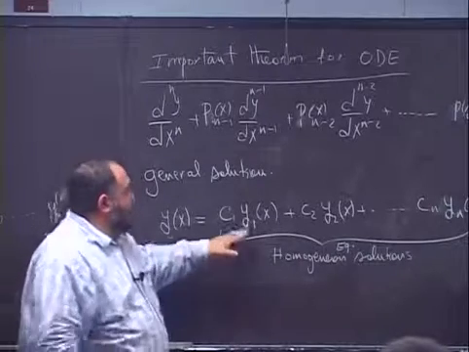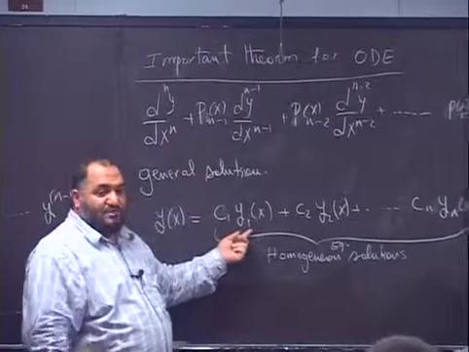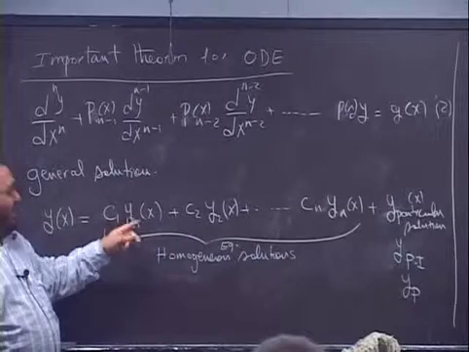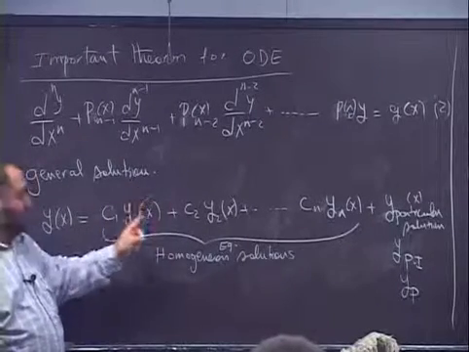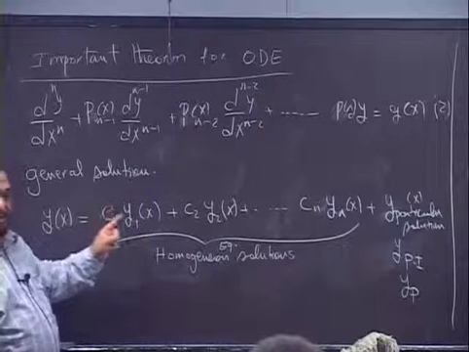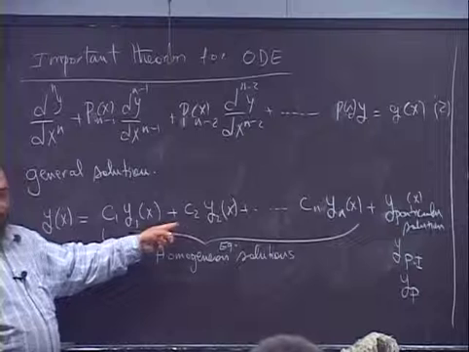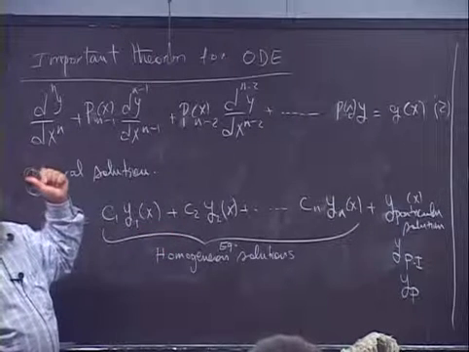So again, if I have an nth order differential equation, I will have n solutions for the homogeneous equation. And if those n solutions for the homogeneous equation are linearly independent, any combination of those solutions will also be a solution for the differential equation. This is what we said also in the matrices.